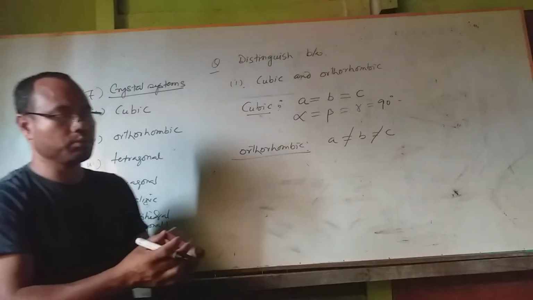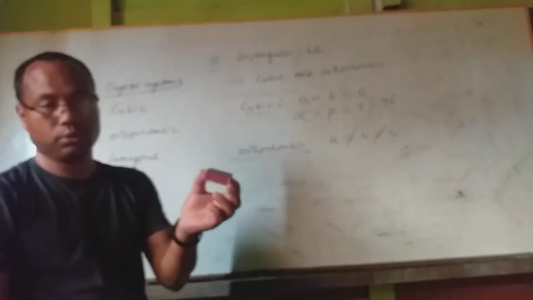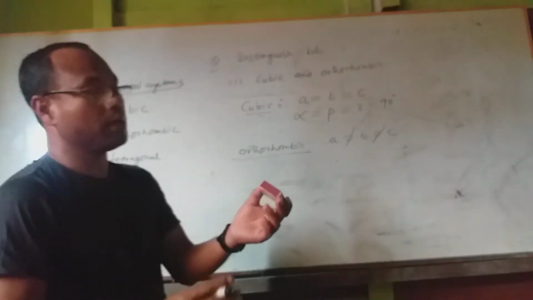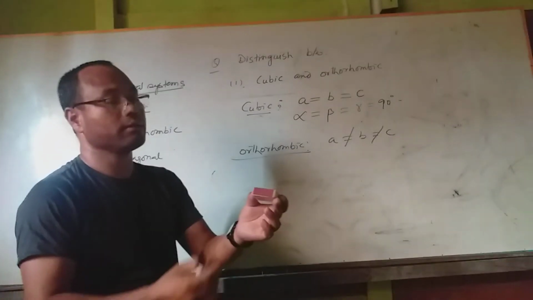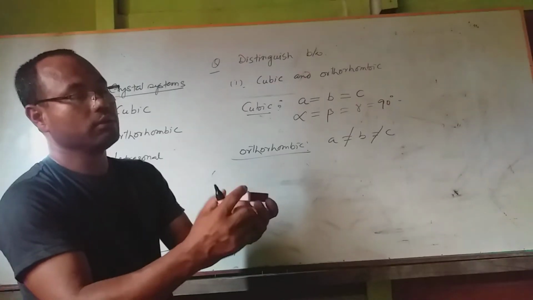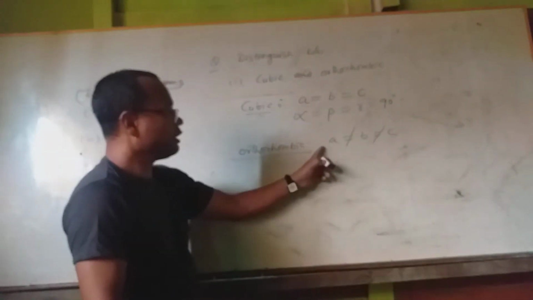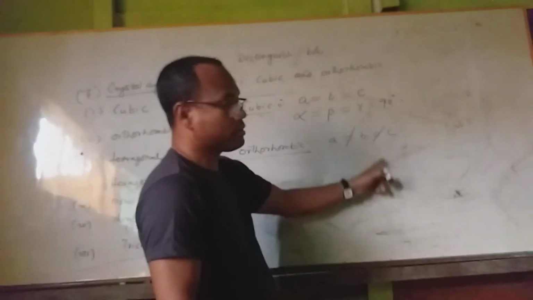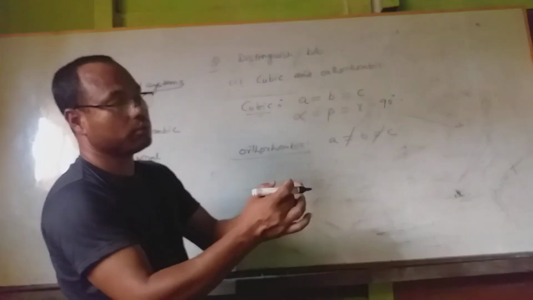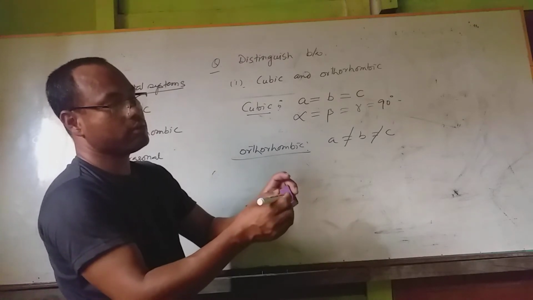Look at this matchbox, as you know. Suppose this is one of the crystal systems. What is the dimensional parameter, I mean the axial length? This side and this side and this side, all these 3 sides are not the same. Therefore I write A, B and C are not the same. But the angles between the 2 faces are also 90 degrees, this one, this one, and this one.